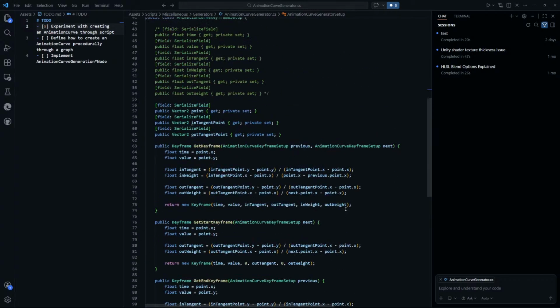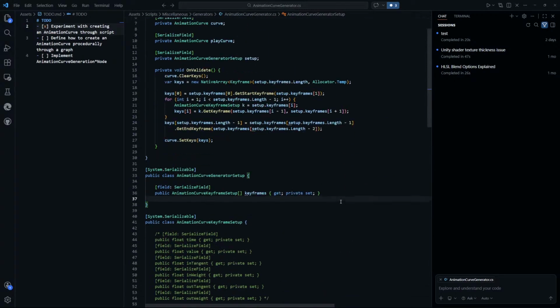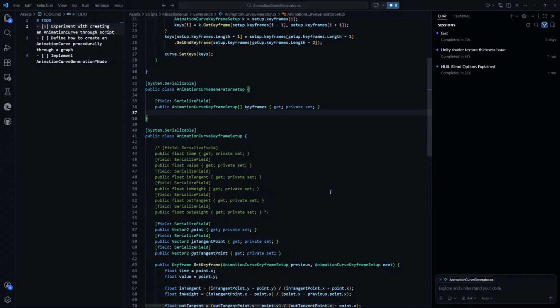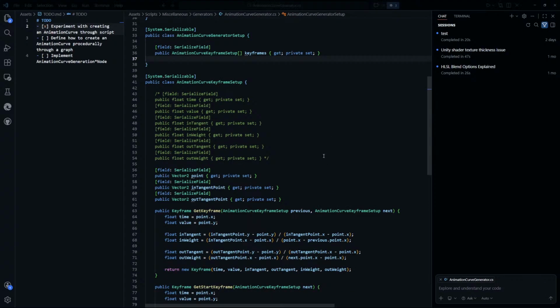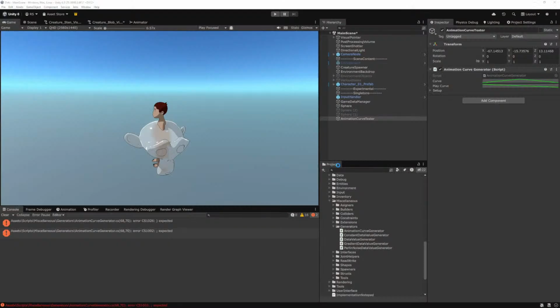Let's see if we can build our nice animation curve with this instead. Because maybe, just maybe, it will be a little bit easier to generate or randomly manipulate, rather. Maybe.